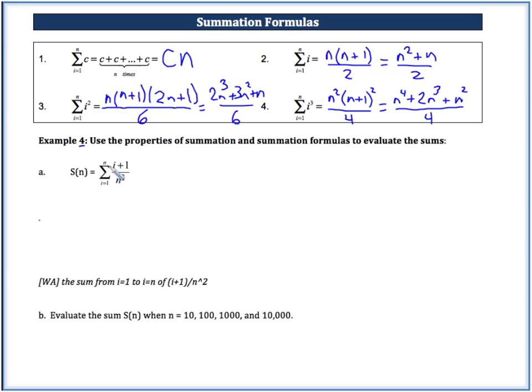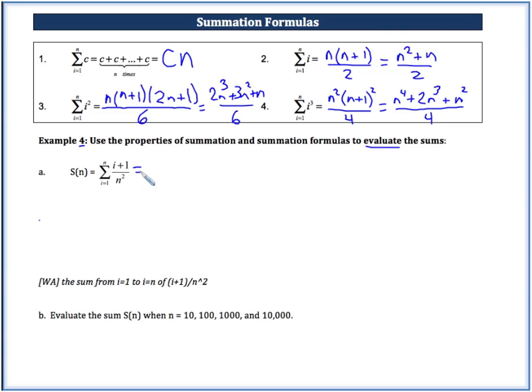Notice, because we don't have an end point, how are we supposed to evaluate this sum, because it would never end? Yes, we could write it in expanded form, but we're actually trying to evaluate it. So what we're going to do is try to use our properties and the formulas to get an answer here.